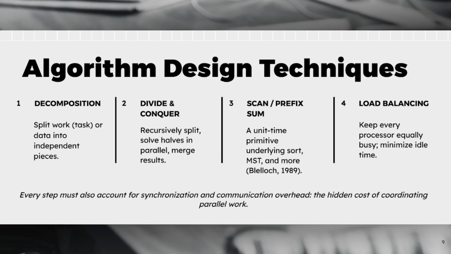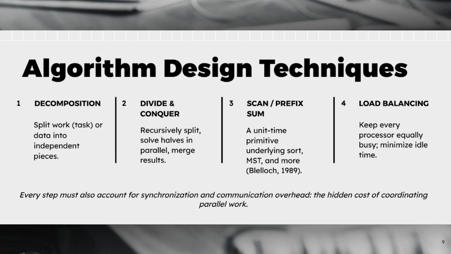Now let's talk about how you actually design a parallel algorithm, independent of which programming model you're using. The first step is usually decomposition, breaking a big problem into smaller, ideally independent pieces. Task decomposition splits the work itself into distinct operations that can run in parallel, while data decomposition splits a large dataset into chunks and applies the same operation to each chunk.